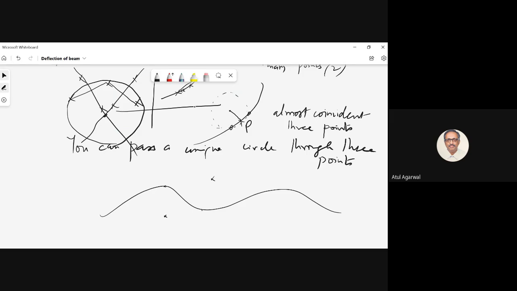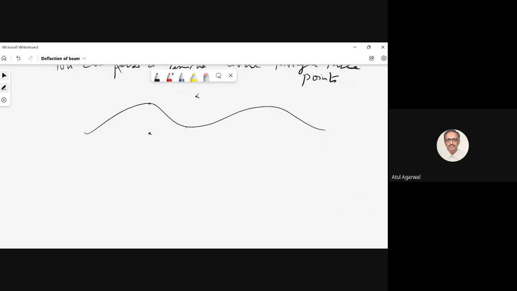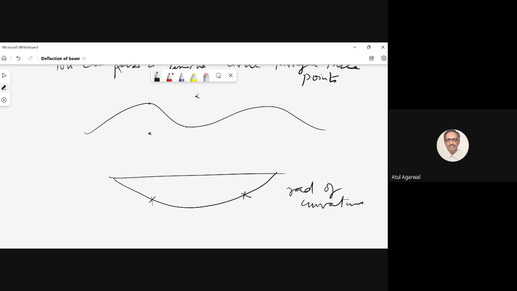So in the case of a beam, in the case of a cantilever, earlier when we did pure bending, every point had the same radius of curvature, center of curvature. So you had a situation of constant radius of curvature.